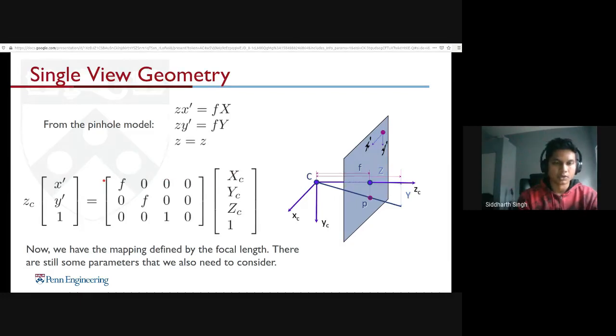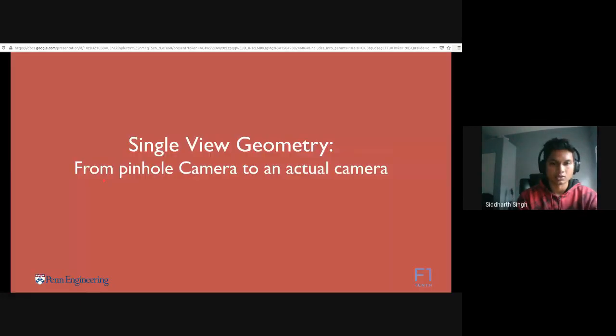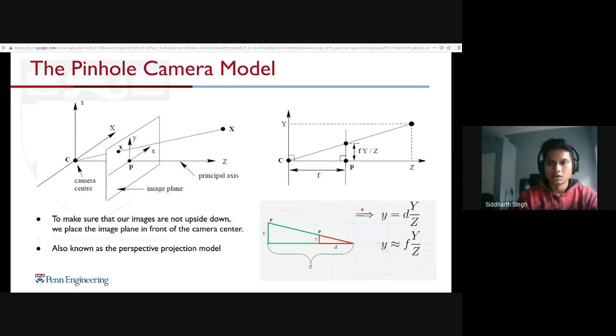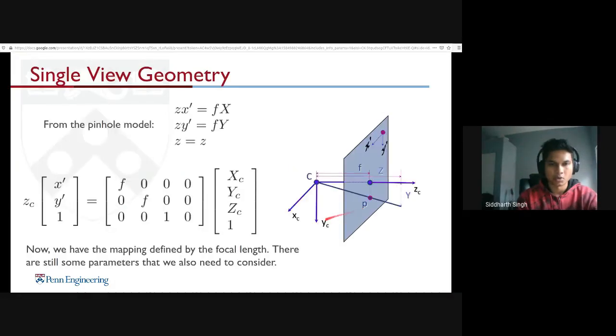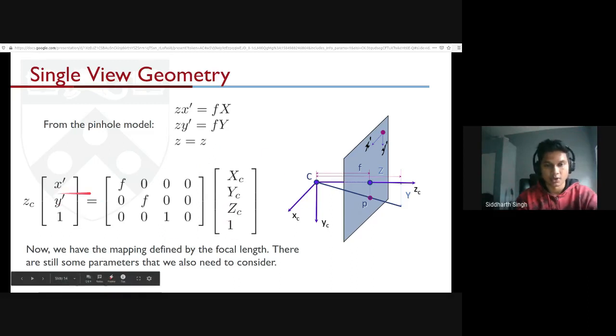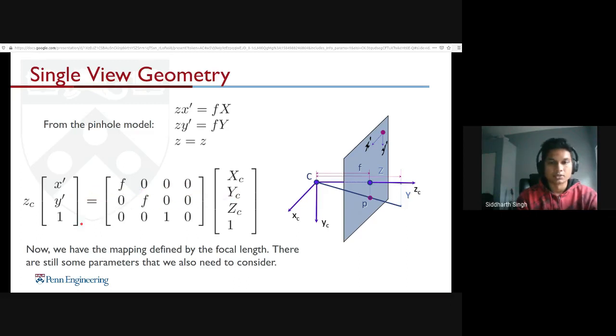So for the equation that we had here, if we make a similar one for x and y both, and we know that z is z because we made it constant for this image plane, we can have a matrix formulation like this. If you expand this matrix formulation, you'll get x dash is equal to fx·xc, y dash is equal to fy·yc, and z is equal to zc, right? Simple enough.